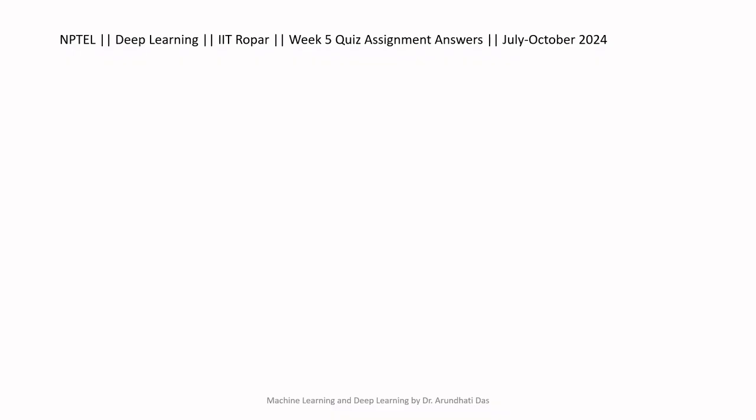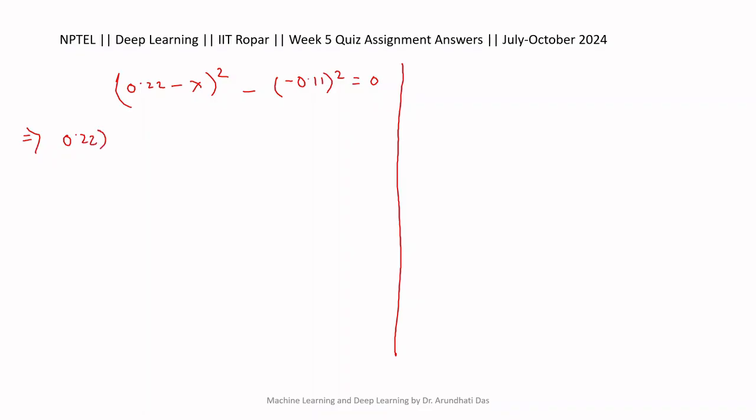So till now what we have is 0.22 minus lambda whole square minus 0.11 whole square equal to 0, right? Let me just divide the space here. This equals 0.22 whole square plus lambda square minus twice of 0.22 multiplied by lambda, right?